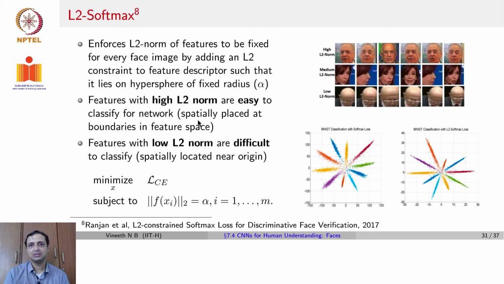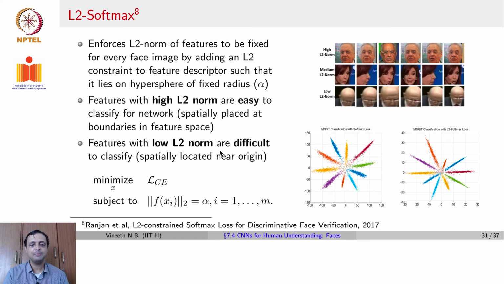The intuition behind this approach comes from their observation that features with high L2 norm are easy to classify, and features with low L2 norm, because they could be close to the origin, could be more difficult to classify. When it's closer to the origin, the points could look closer to each other. When the points have a high L2 norm, they are further away from the origin and hence could be separated a bit more easily.